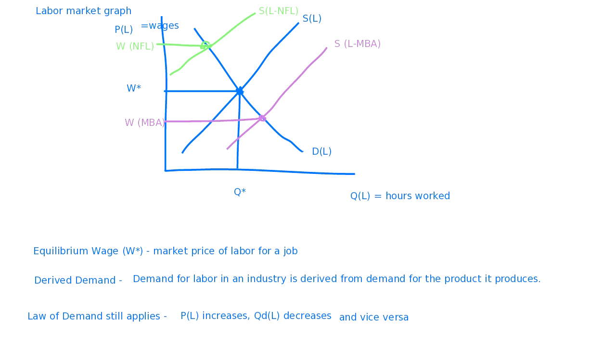Because when there's a higher price of labor, then the demanders, the businesses, can't necessarily afford to pay that price, or to pay as much to hire as many people.